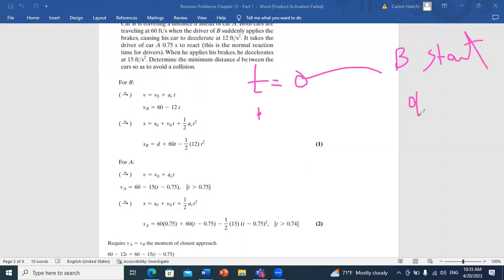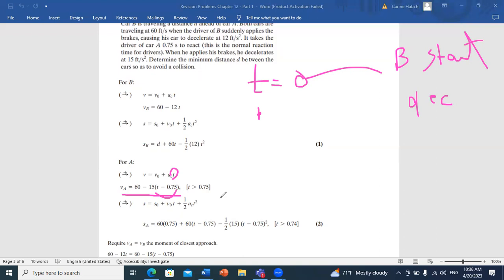To take this into consideration in the equation for A, the time T is equal to T minus 0.75, because he started decelerating 0.75 seconds after B. So we just have to replace here delta T, meaning T minus 0.75. And this will be the equation of velocity for T larger than 0.75.